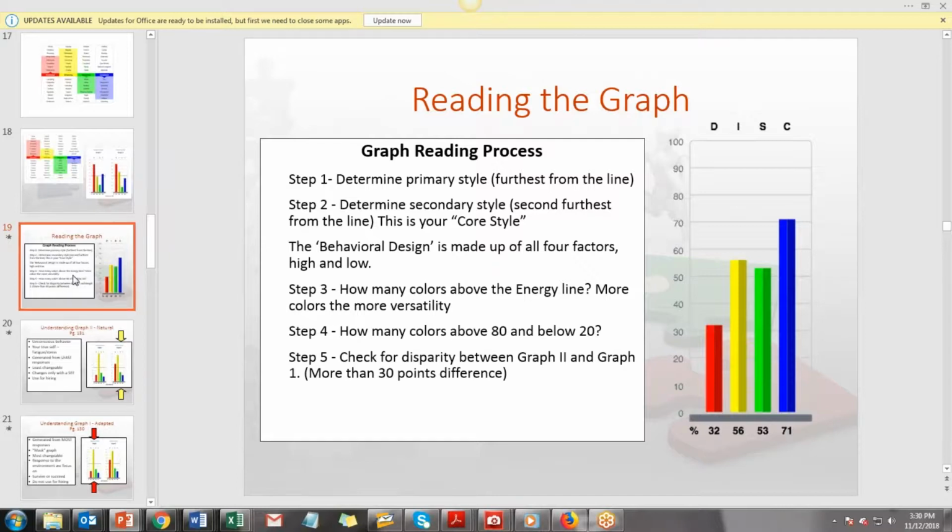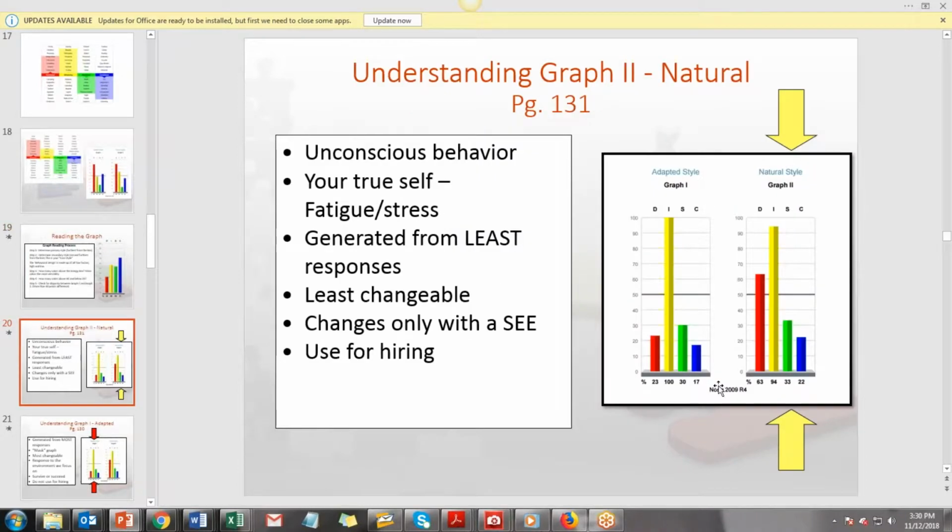So, for example, in this case, what's the person's primary style? Influencer. I guess I'm just trying to get clarity on what is a secondary style. Yeah, and if they don't have but one color above, then they're just going to be one color.